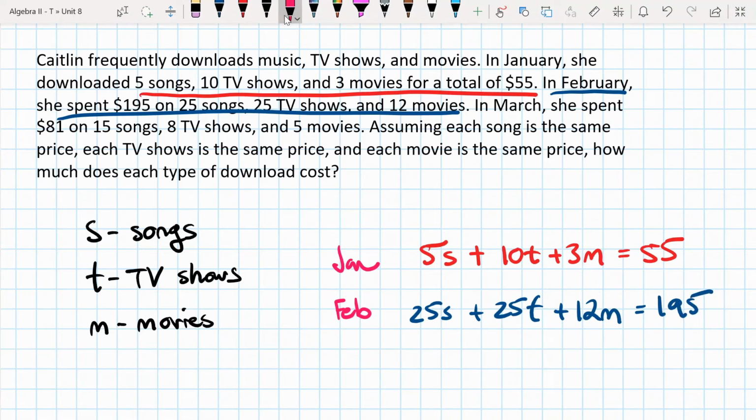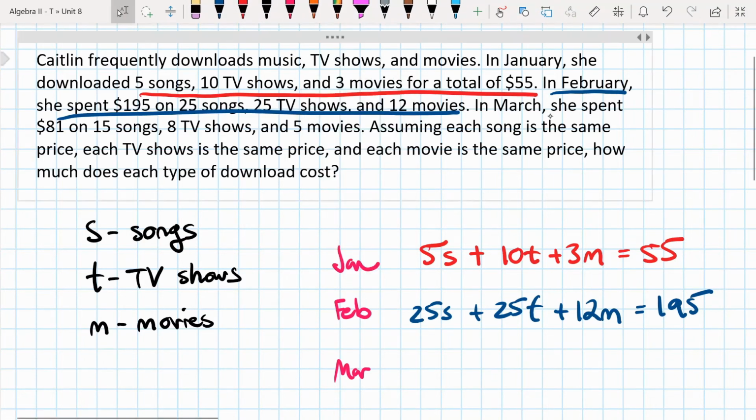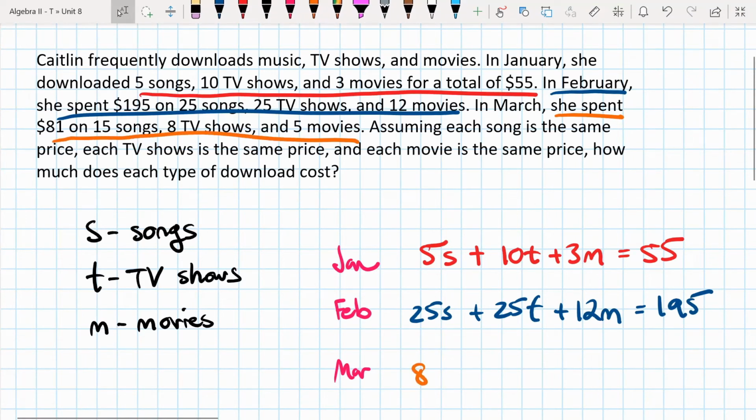And then lastly is the month of March. Here, that's $81 on 15 songs, 8 TV shows, and 5 movies.